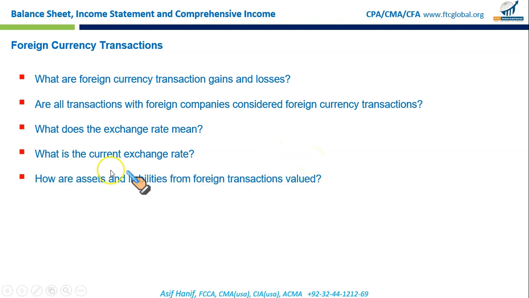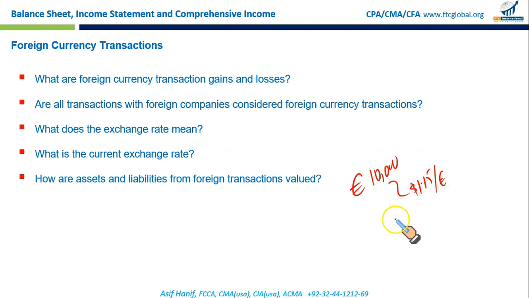Then you have, how are assets and liabilities from foreign transactions valued? Well, assets and liabilities from foreign currency transactions are recorded in the books of account using the exchange rate that was present at the date of transaction. For example, if a US company buys machinery from Italy for, let's say, 10,000 euros, and at that date the rate was $1.15 per euro, right?